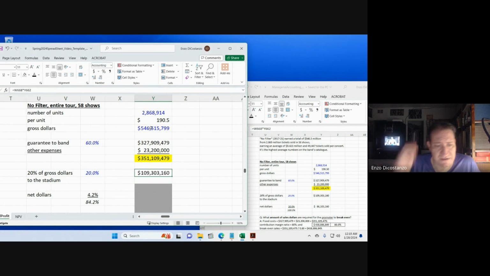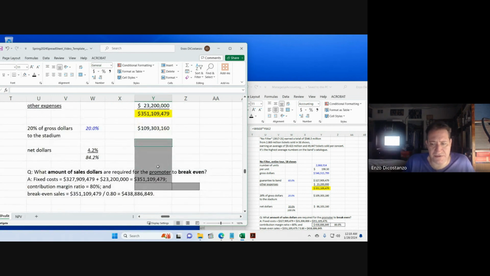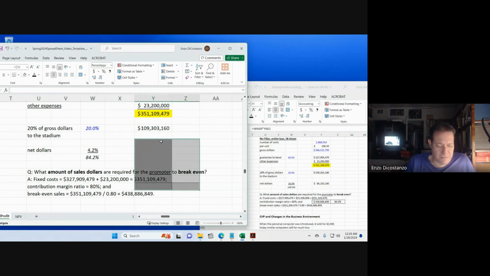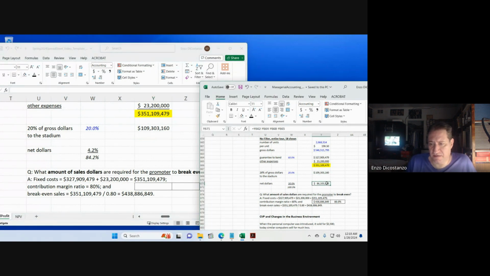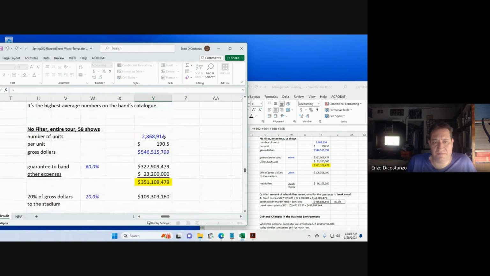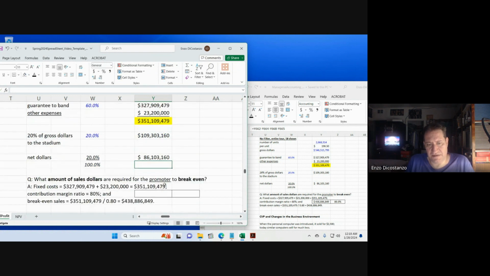You got what the stadium is supposed to get. Okay, and then you're netting out your dollars here, your net dollars. This is going to be equal to what minus what? Yeah, this is the same. There's your gross minus this, minus this, minus this. All right, there's your 86,000.